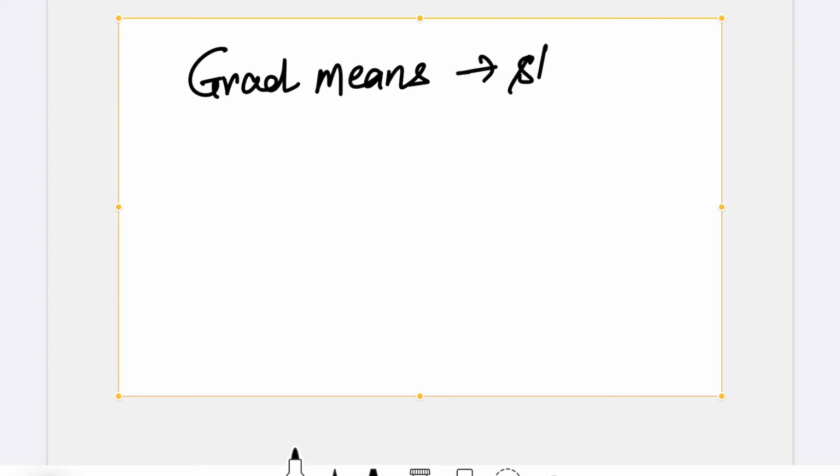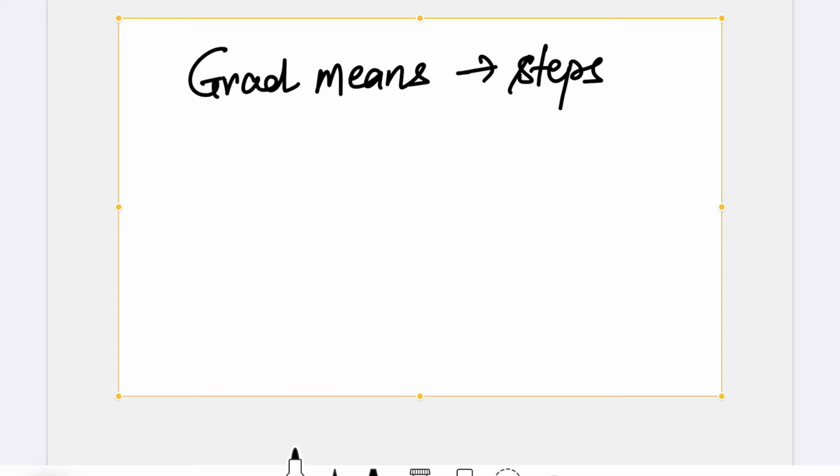Don't forget that grad means steps. Okay, so when you are boiling some water or some liquid, and somebody tells you to take its temperature, you generally say it's 10 degrees centigrade or 20 degrees centigrade.